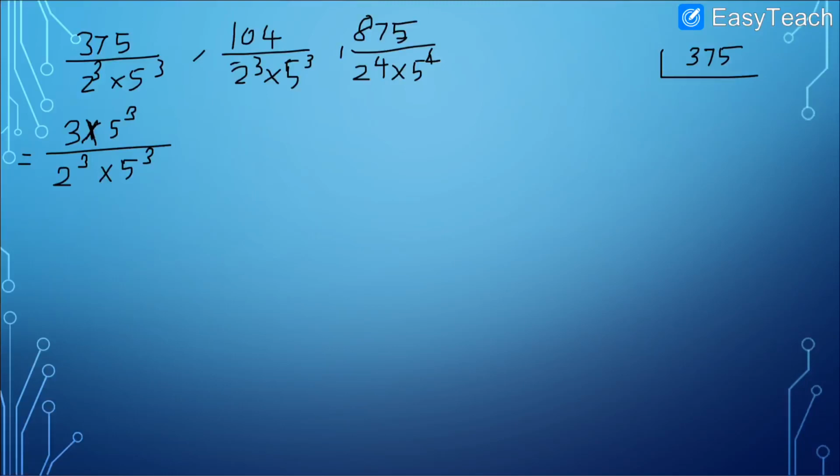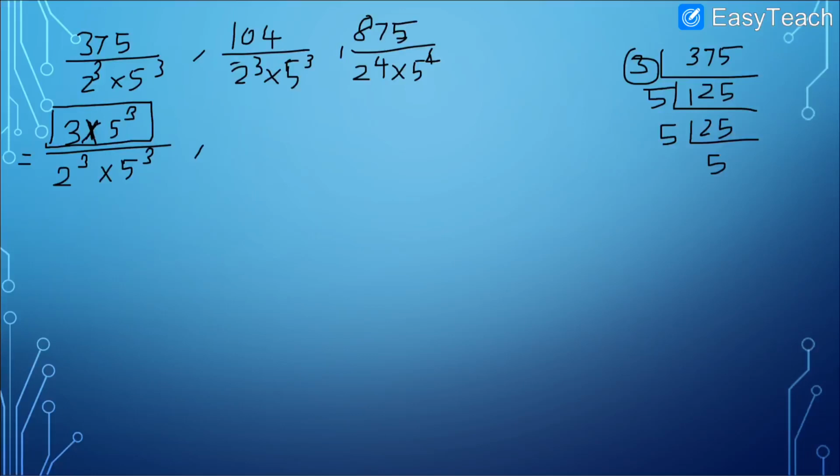I start with 3: 1 3 is 3, 2 3s are 6, 5 3s are 15. Then 5: 2 5s are 10, 5 5s are 25. Again 5, 5. So 3 into 5 into 5 into 5, I write 5 raised to power 3.